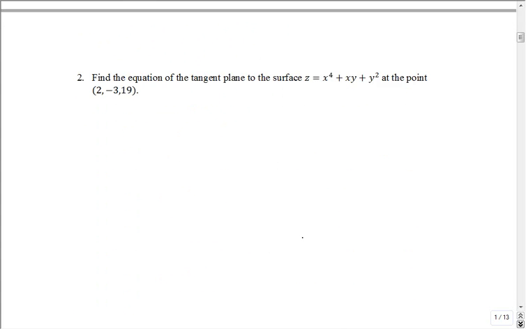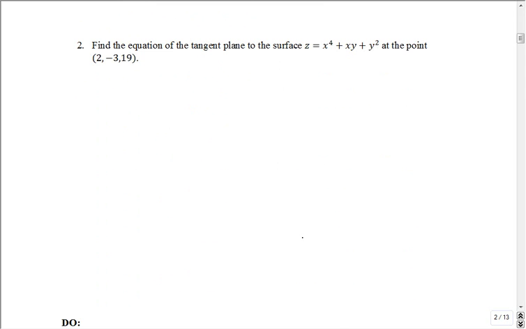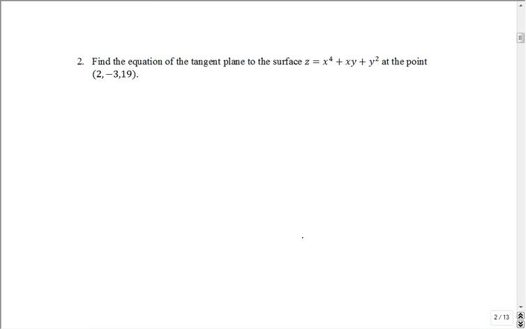Okay, so find the equation of the tangent plane to the surface z equals x to the fourth plus xy plus y squared at the point (2, -3, 19). Okay, so we need to find the partials. Now, you must be saying, why are there 3 coordinates in the point? Because they have already found the z value. The z value is what we found in the last problem when we found f at (1, 2).